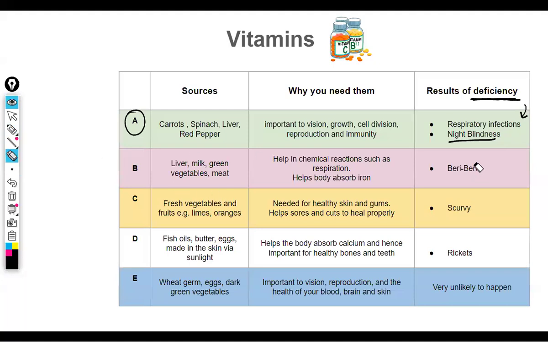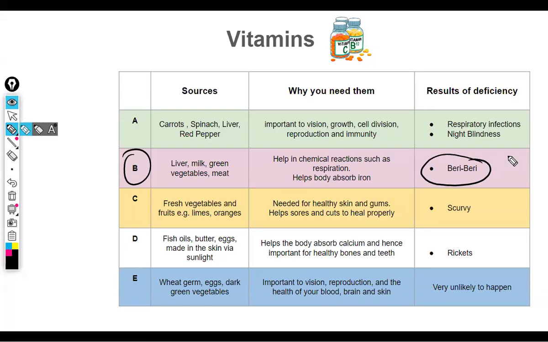Do you all know what beriberi is? That's for vitamin B. If you don't get enough vitamin B, you suffer from something called beriberi. How many people don't know what beriberi is? Let me know in the chat. Beriberi is when you don't get enough vitamin B and you get disoriented.